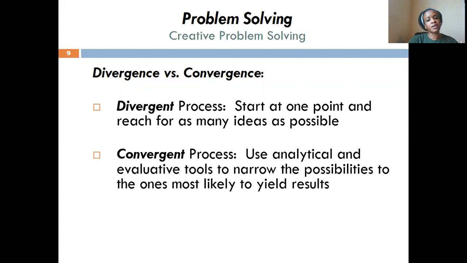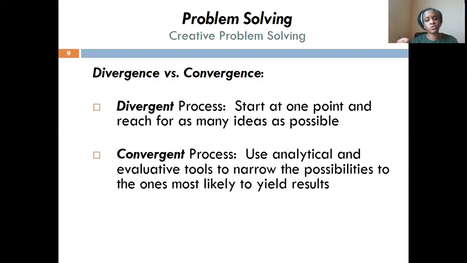The first stage being the divergent process, generating multiple ideas, and then the convergent process, shrinking down those multiple ideas to just one solution. And when you start your lab 3, you'll be going through this process all through the semester. You've already started going through the divergence process, understanding how to generate multiple ideas, and then shrinking it down at the convergent process to just one solution.